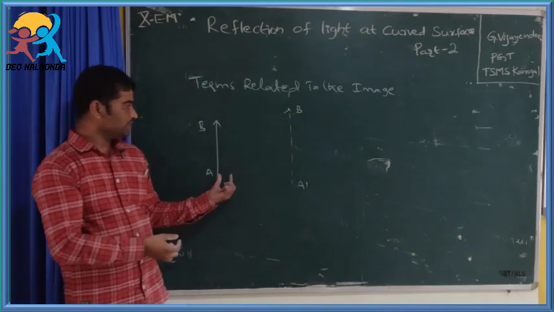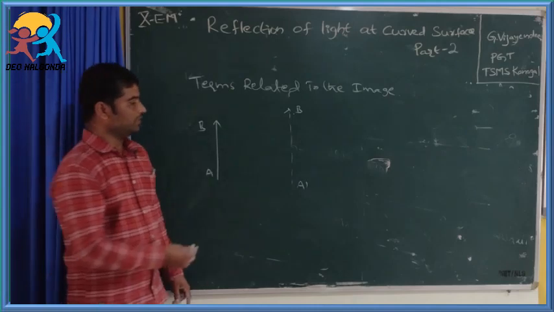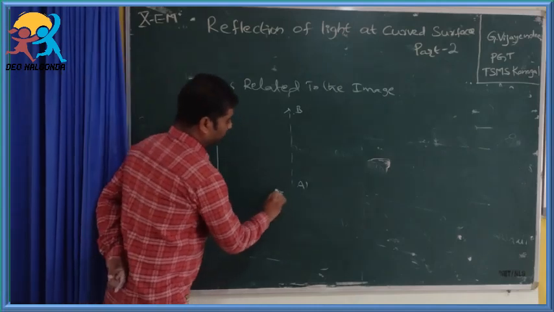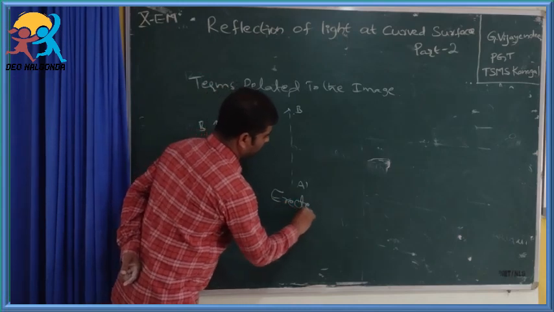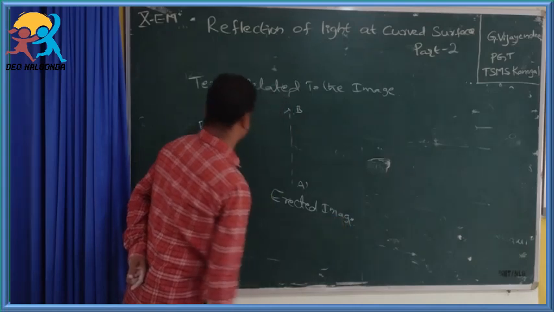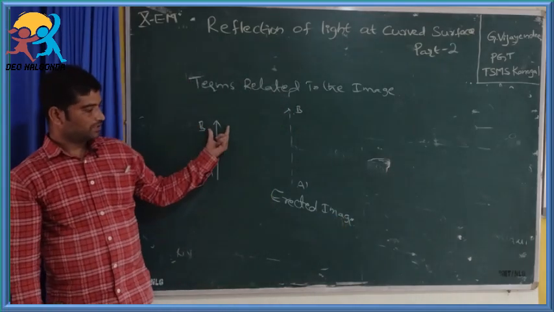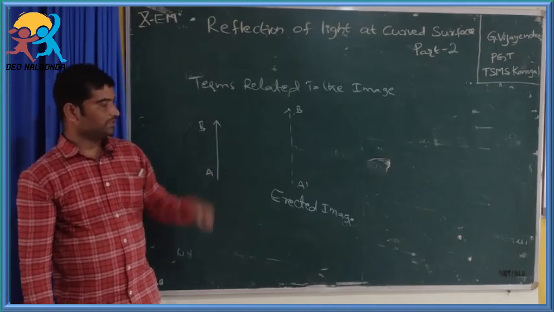If the image is formed in the same direction as the object, then the image is called a virtual erected image. Erected image means the direction of the image is the same as the direction of the object.